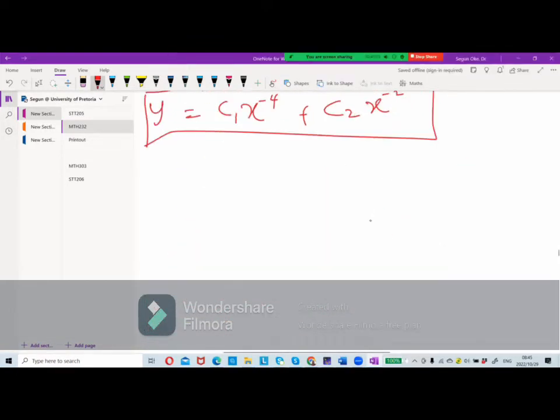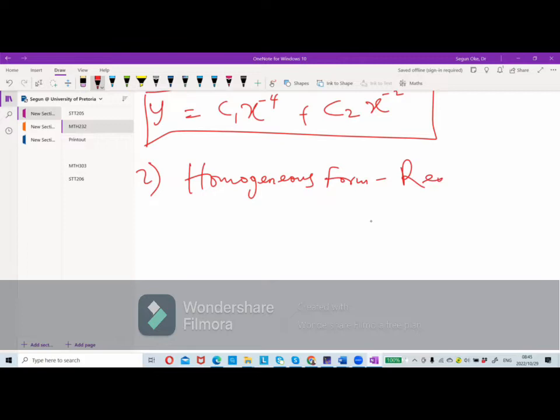Okay, let's continue. Number 2. That was an example on real roots. What about when you have a homogeneous form? We call it repeated real roots.